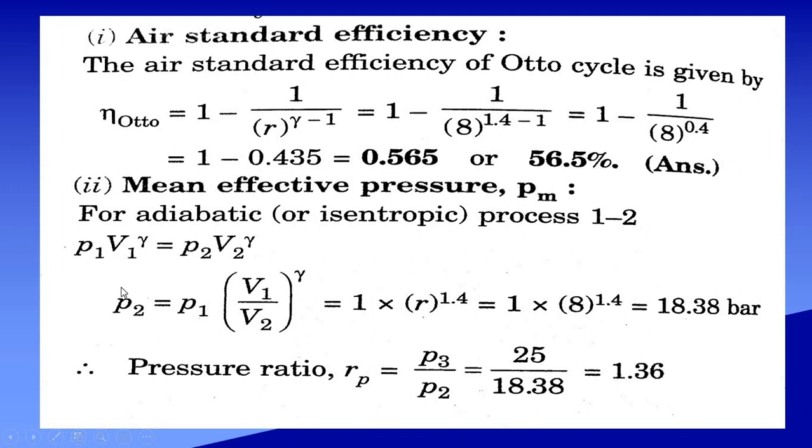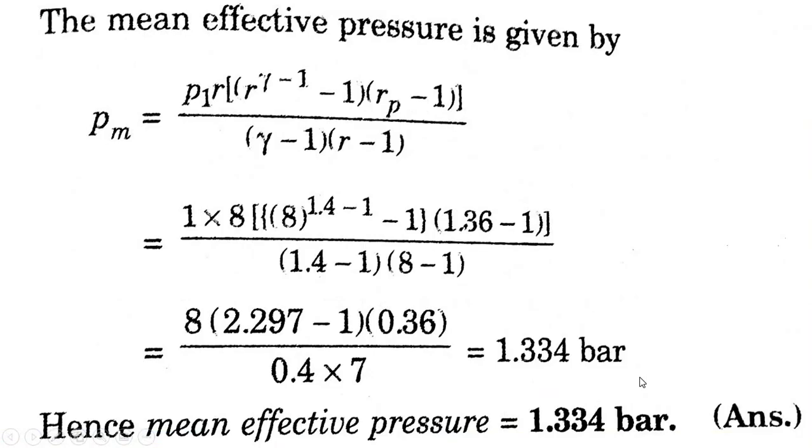So P1 by P2 will be equal to (V2 by V1) whole power gamma. From this relation, P2 will be equal to P1 into (V1 by V2) whole power gamma. V1 by V2 is nothing but R, so R power 1.4, that is 8 power 1.4, that is 18.38. When you substitute here, you will get the value of the pressure ratio, and substituting in this equation, you will get the value of the mean effective pressure.